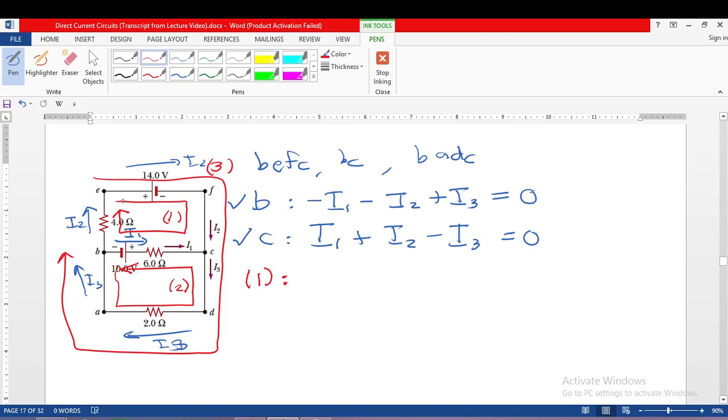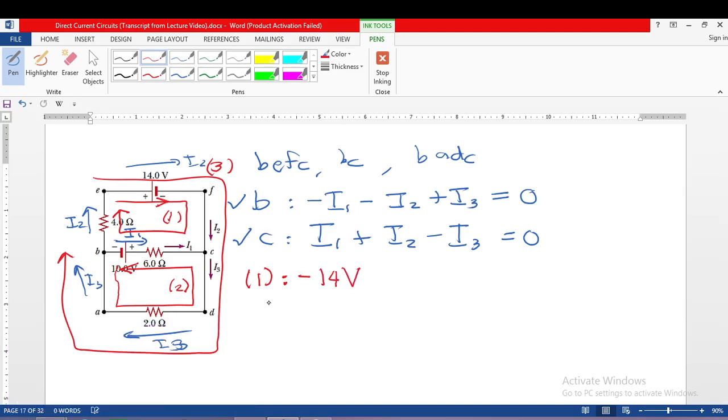We have to follow the sign convention in order. For 14 volts, the loop trace is going to the negative terminal, so its voltage is negative 14 volts.